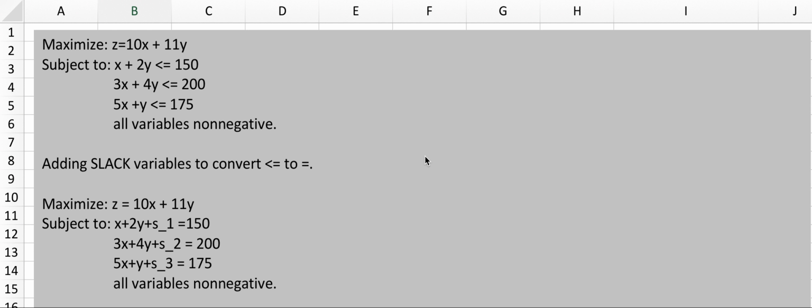All right, so in the last video, we took a maximization problem in somewhat standard form that we discussed. We have to have all inequalities of the less than or equal to type. We have to have variables all non-negative. And all the numbers on the right side of our less than or equal to symbols have to be positive.